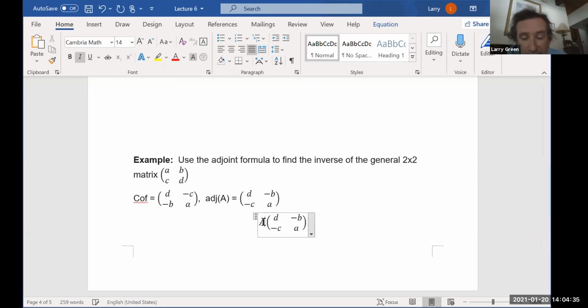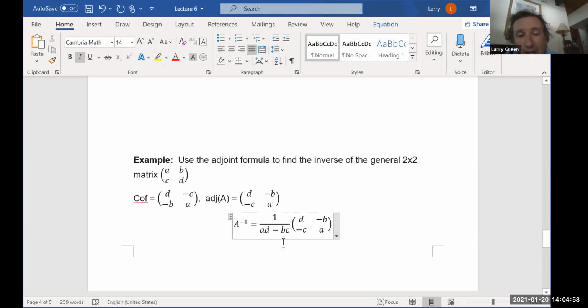So what we can say is that A inverse is equal to 1 over, and the determinant of this matrix is AD minus BC, times the adjoint. And if you want, you can put that together. I'll let you do that if you feel like it, or you can leave it like this.